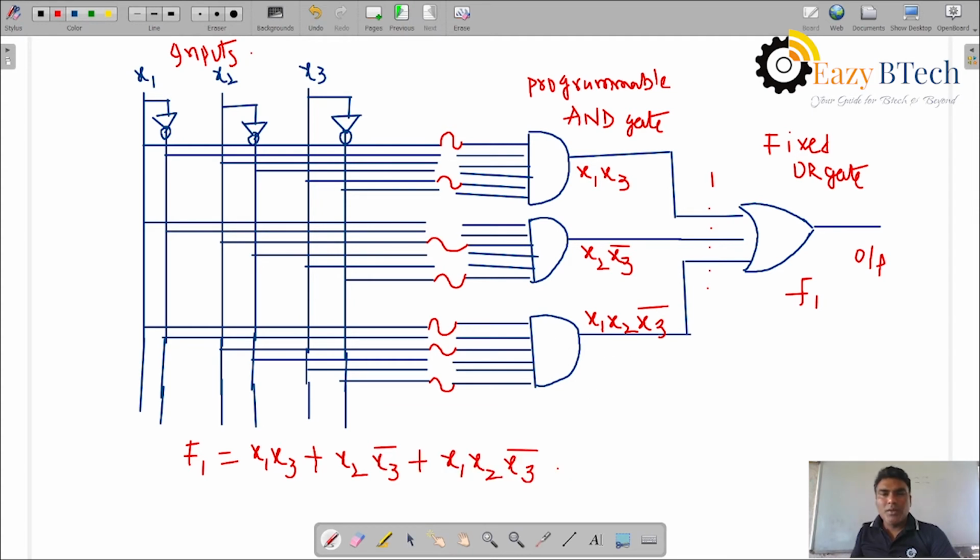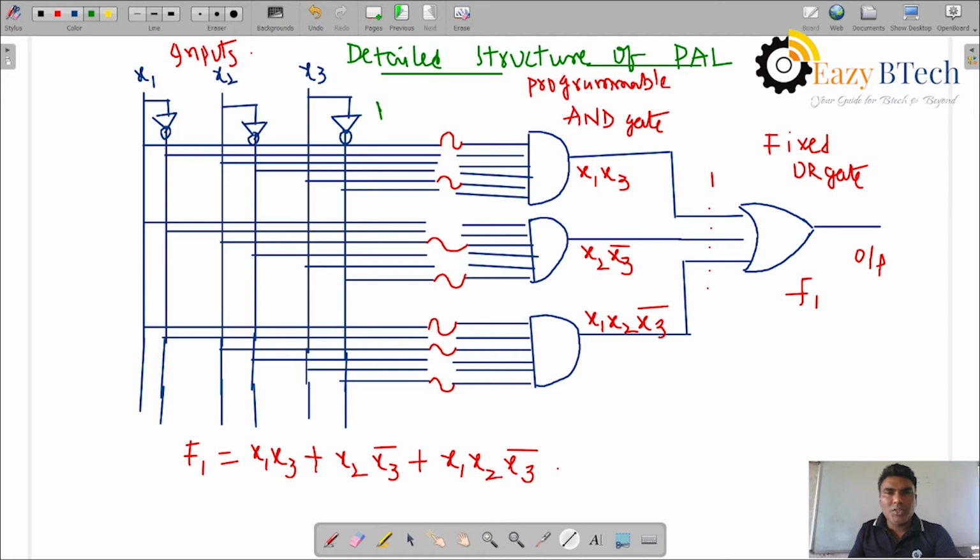So this is the detailed structure of PAL, with programmable fuse connections, programmable switch connections.